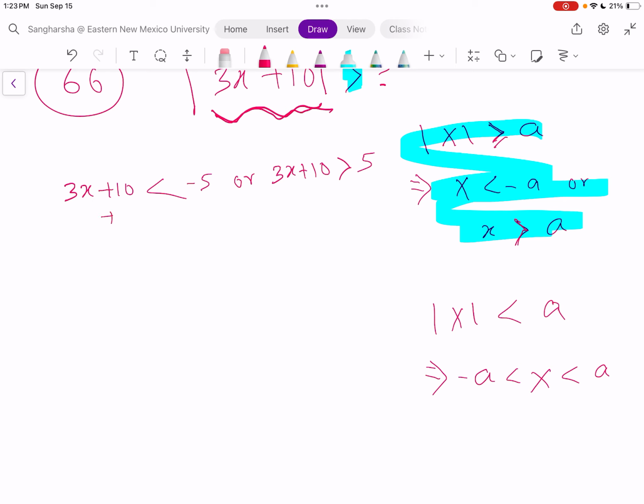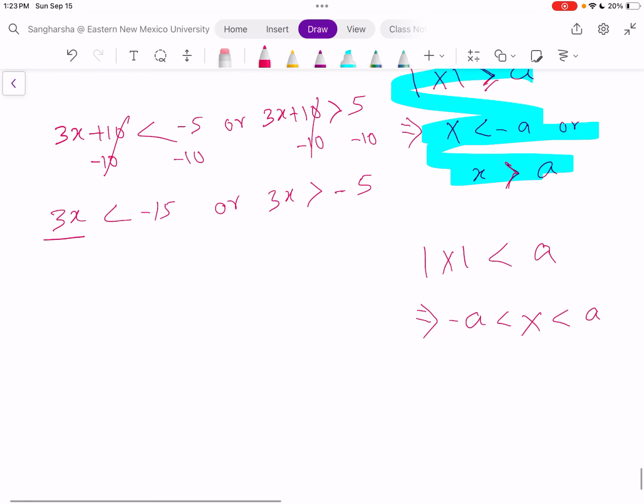So you add 10 on both sides. Sorry, no, we want to get rid of 10, so we are subtracting 10. I'm sorry. So you subtract 10 on both sides. This is gone. We have 3x less than negative 5 minus 10, negative 15, or 3x greater than 5 minus 10, negative 5.